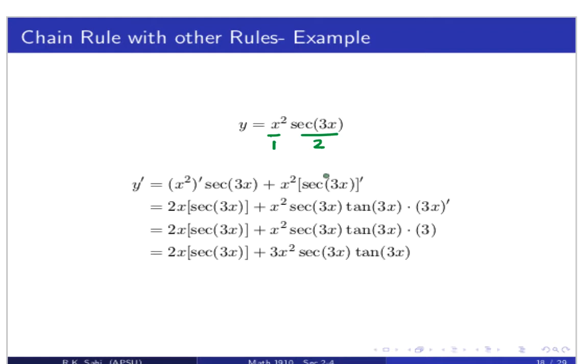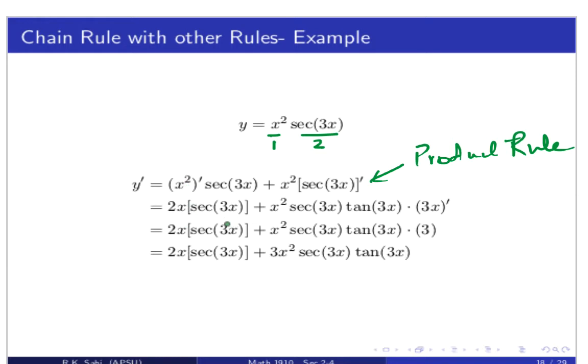So let's go ahead. The first thing, this one is the product rule. So you're taking the derivative of the first function times the second function plus the first function times the derivative of the second function. So the derivative of x squared is 2x times secant 3x.